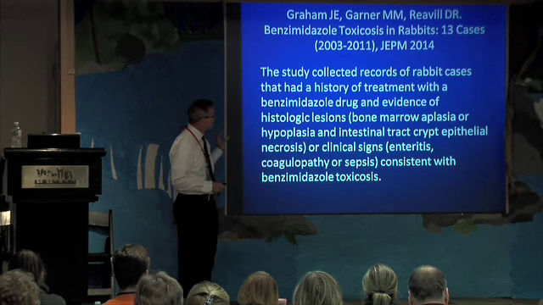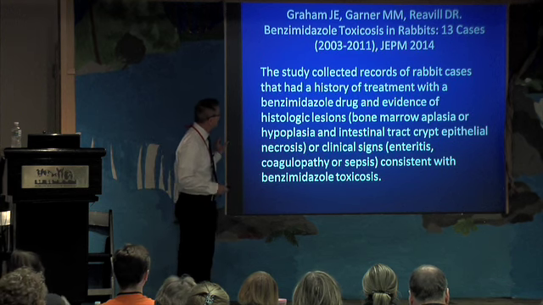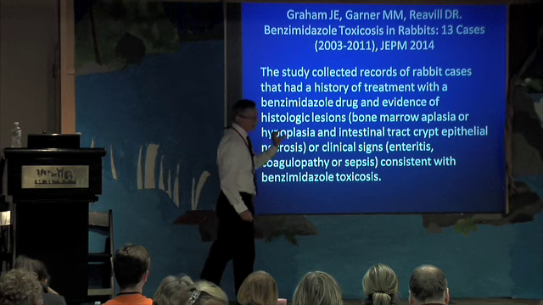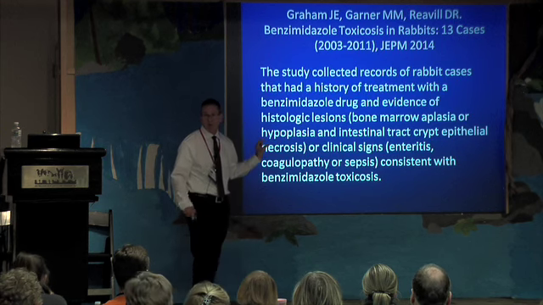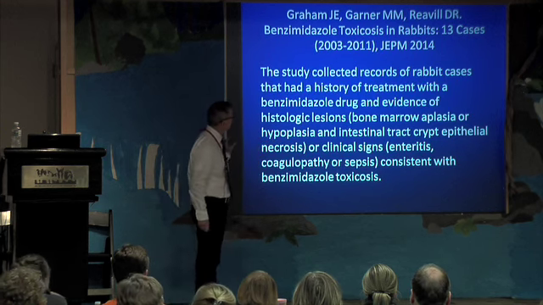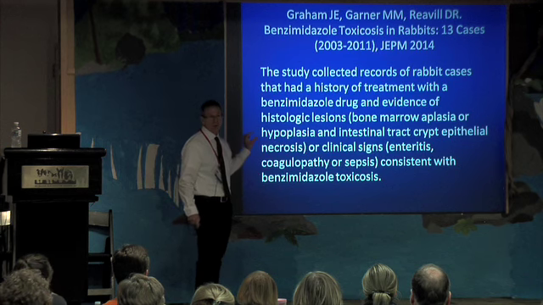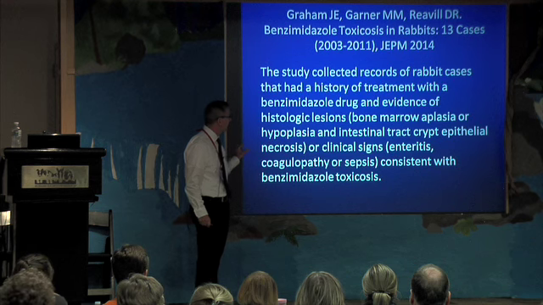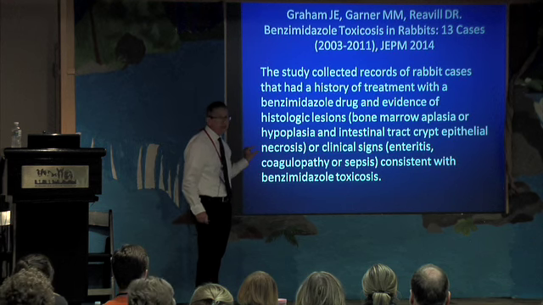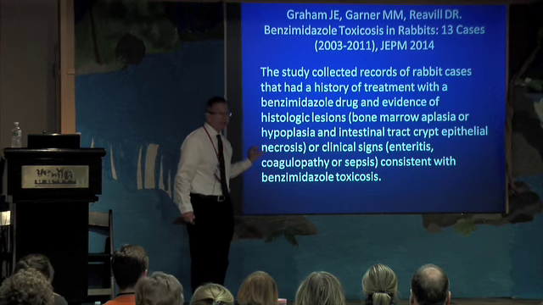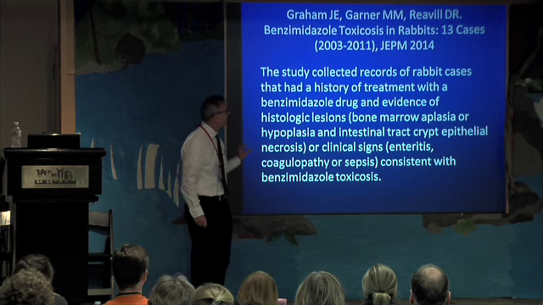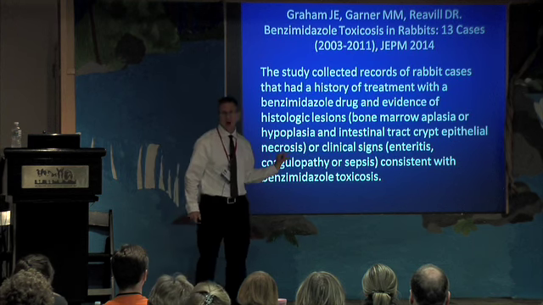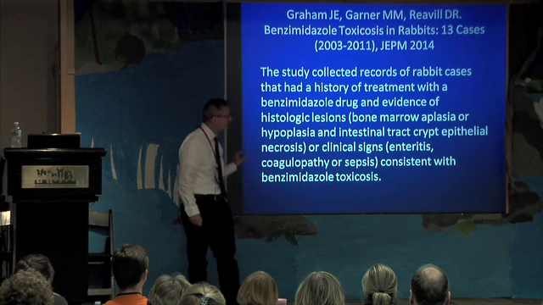The animals were getting this for E. cuniculi, and they came in acutely ill and had bone marrow aplasia. The bone marrow shut down, all the cells in the bone marrow were being killed, and the intestinal tract, where the cells reproduce rapidly as well, were being destroyed. These animals were coming in with enteritis, anemia, and bleeding out because of low platelets, and they were septic, infected throughout because of low white counts.